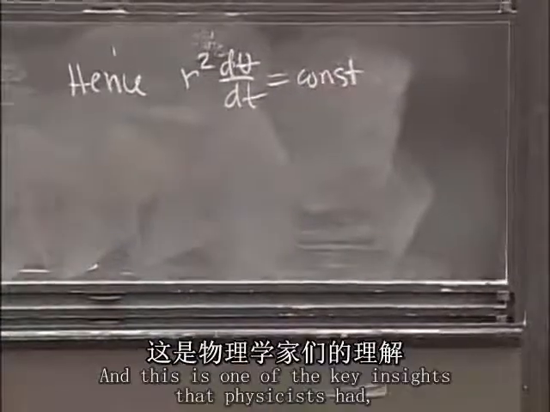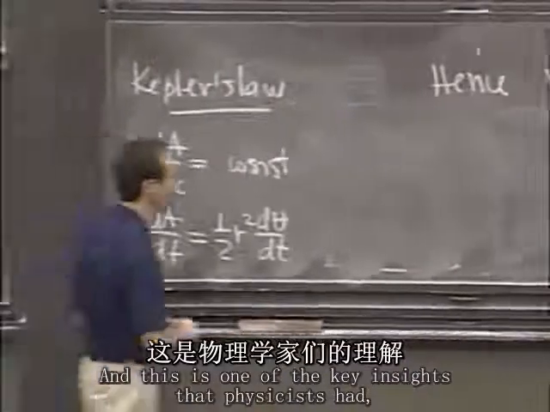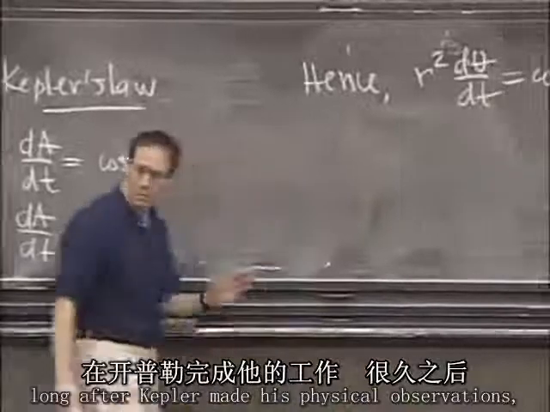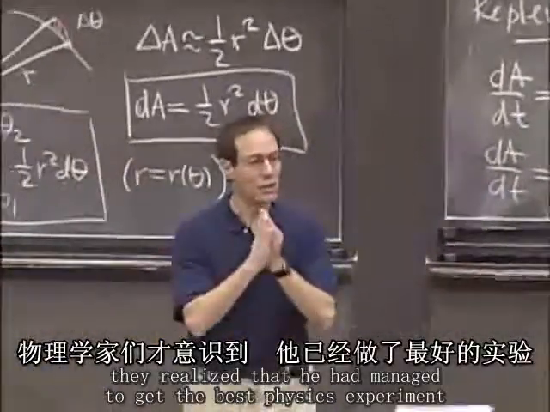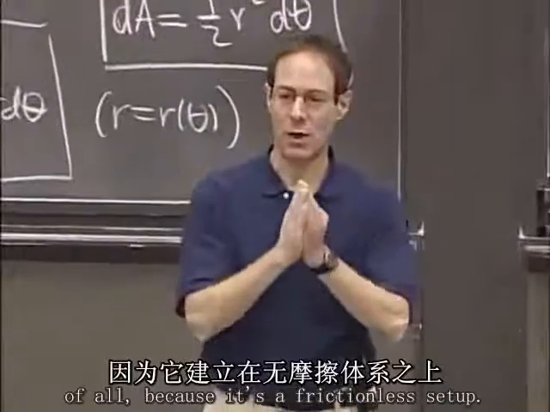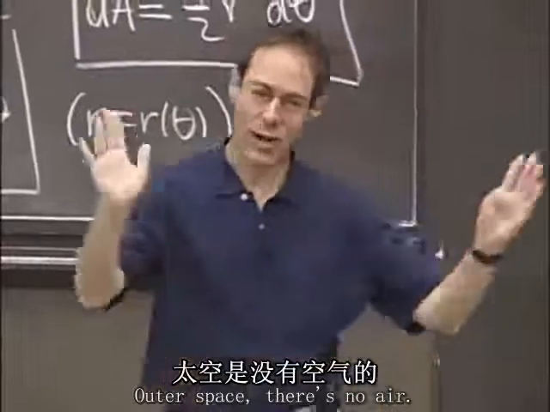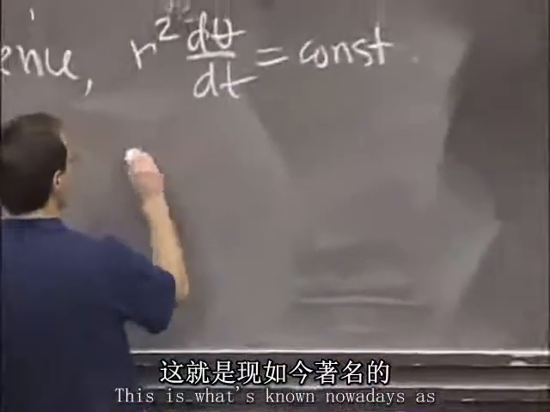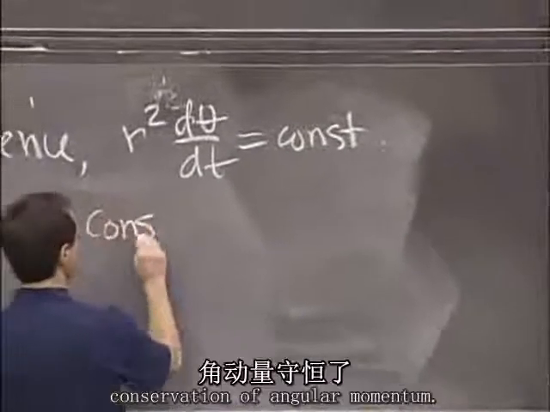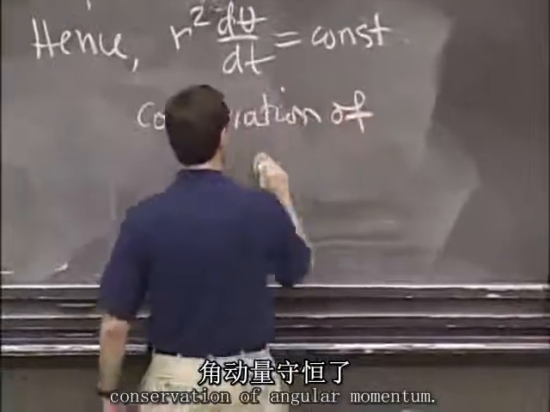And this is one of the key insights that physicists had long after Kepler made his physical observations. They realized that he had managed to get the best physics experiment at all because it's a frictionless setup, right? Outer space, there's no air, nothing is going on. This is what's known nowadays as conservation of angular momentum.